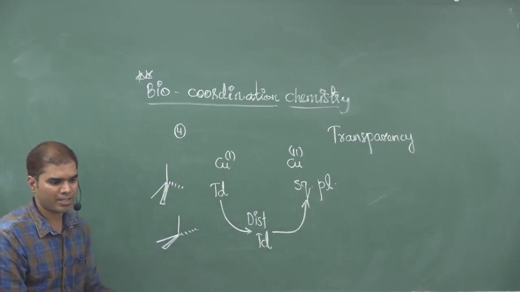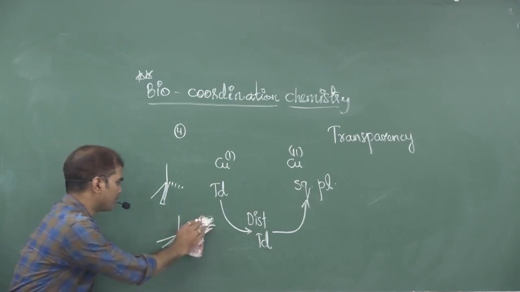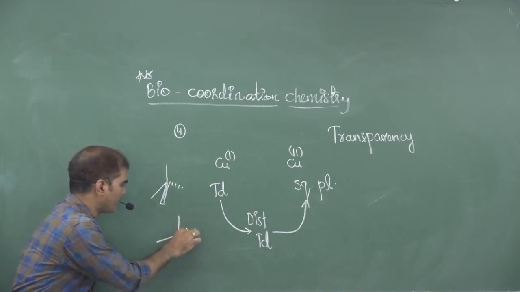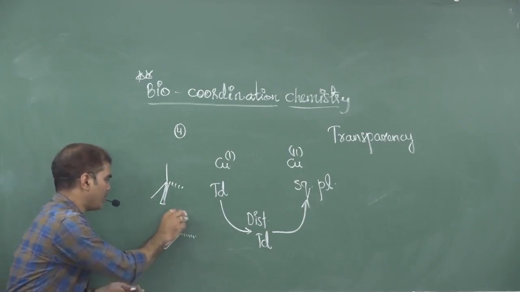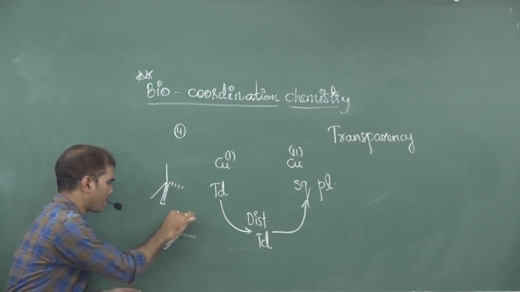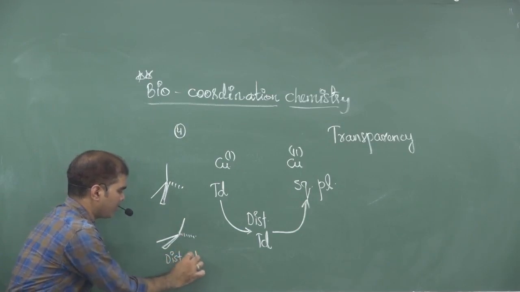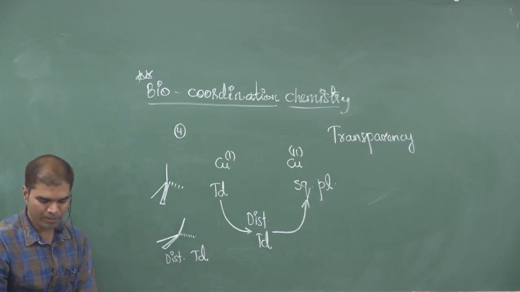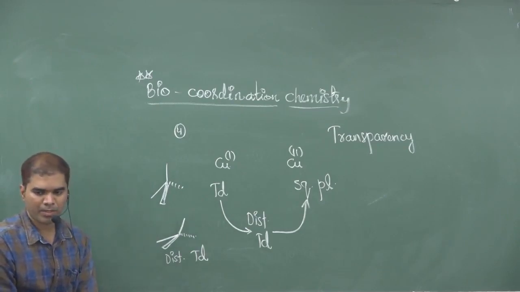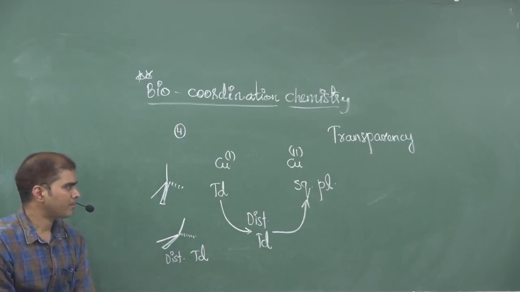Okay, you can just write down that example. For coordination number 4, copper 1 prefers tetrahedral geometry, whereas copper 2 prefers square plane geometry.